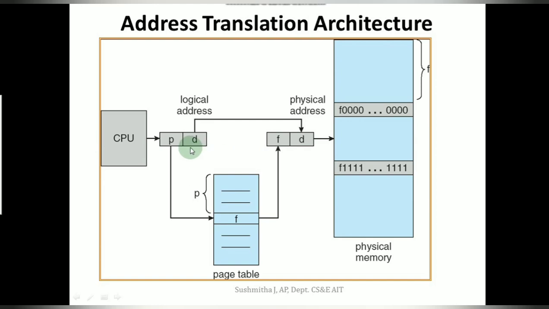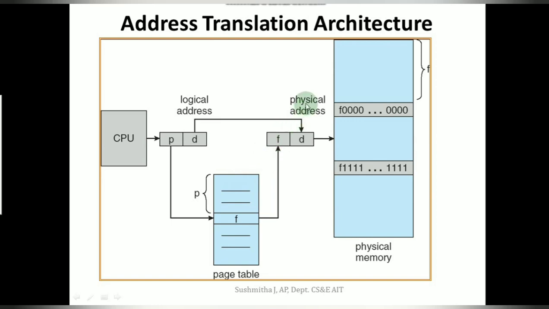Now again, this page number is given to the page table. What is the purpose of the page table? The page table maps the page number to a particular frame number.